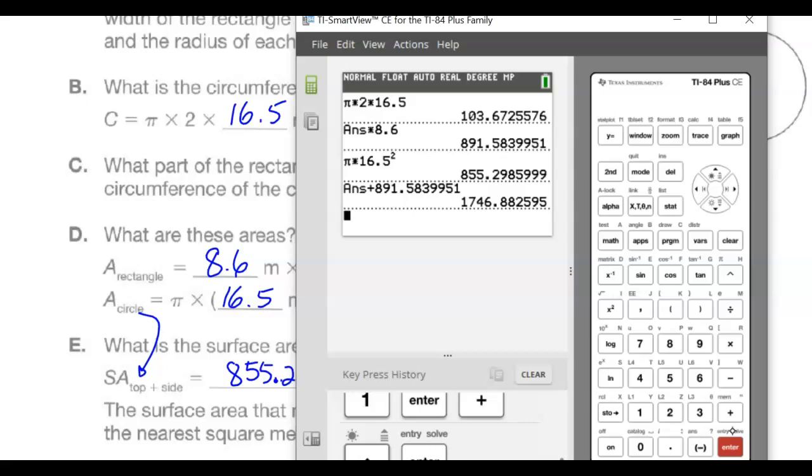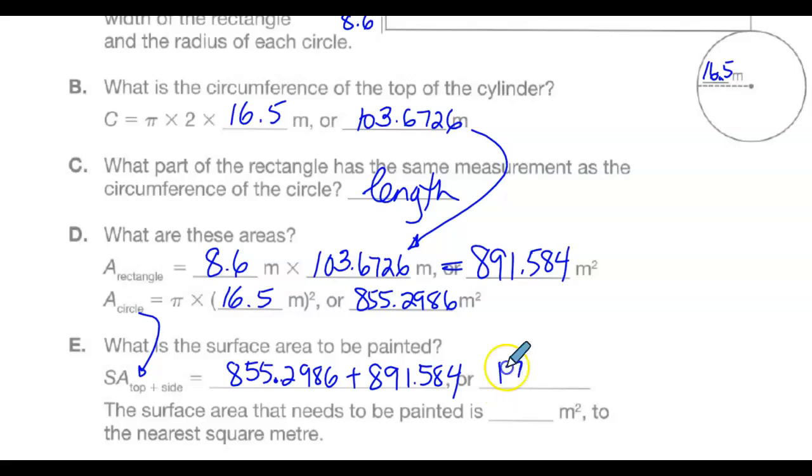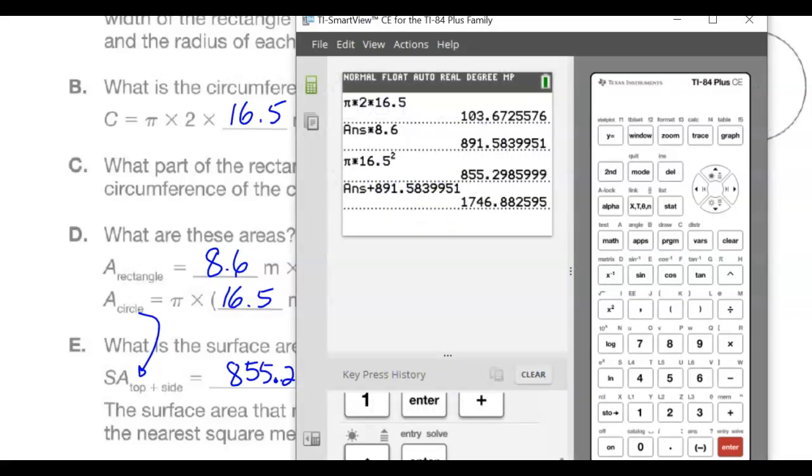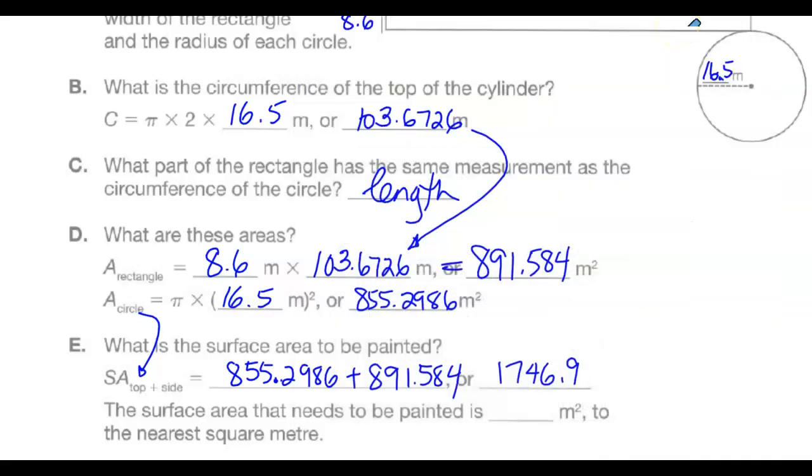So 1746.9. Now we can round to one decimal place. Oh, and then this says to the nearest square meter, so the 9 makes that go to a 7.